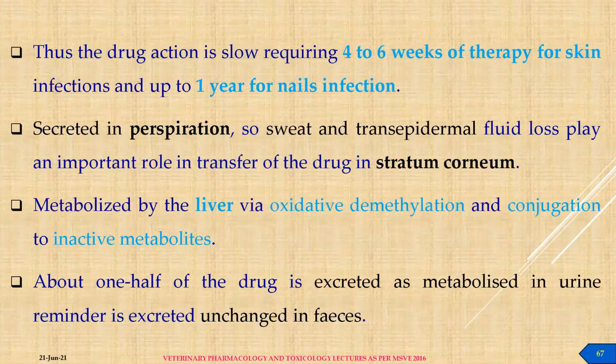So the drug action is slow, requiring 4 to 6 weeks of therapy for skin infections and up to 1 year for nail infections. Such a long time it needs to be given, because otherwise it is very difficult to eradicate the fungal infection.